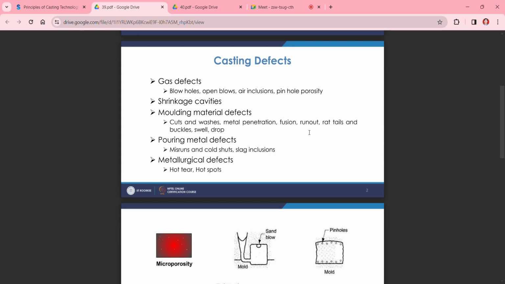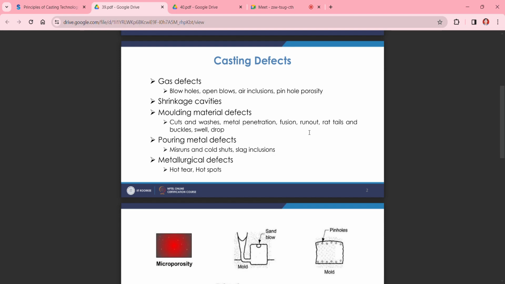Second, if there is any volatile matter present in your molten metal, it is going to react with the sand or other things and get out of the mold. Due to this gaseous release from the casting, gaseous defects are created: first blowholes, then open blows, air inclusion, and pinhole porosity.